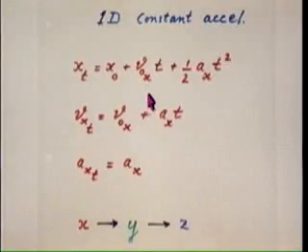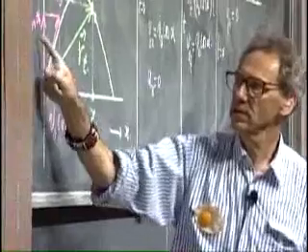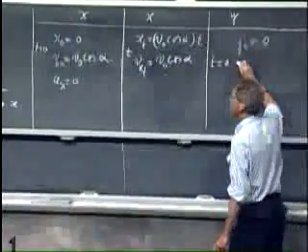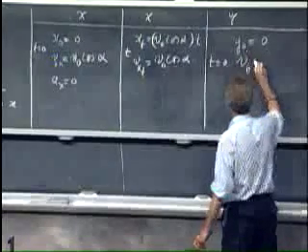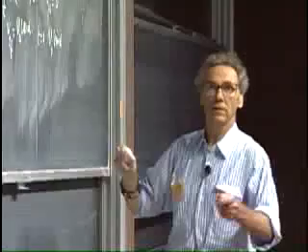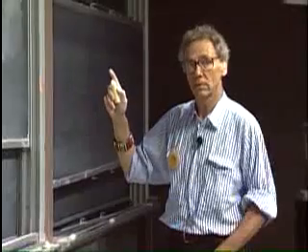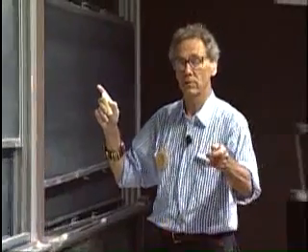I get v0y times t. Well, v0y is this quantity, it's v0 sine alpha. This is v0 sine alpha, that is the velocity at time 0, and this is 0 at time 0.